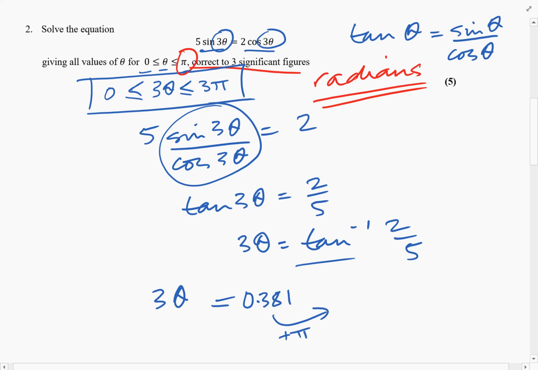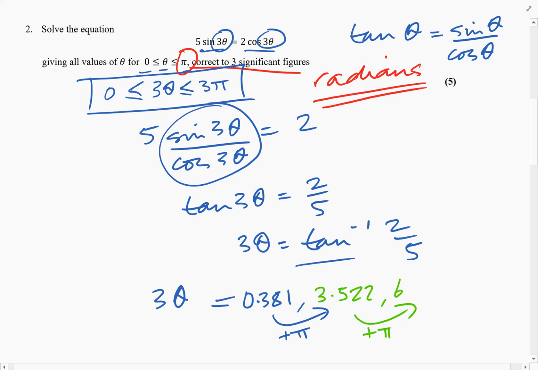Okay, so if we add pi radians to this, we'll get another value here of 3.522. So we're just adding pi. Let's add another pi. So just keep doing that, keep adding pi.